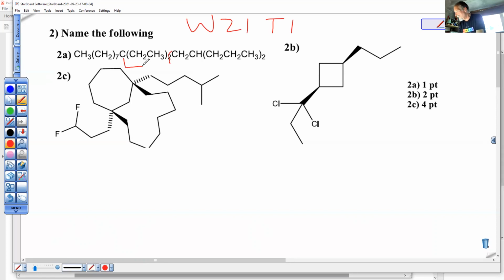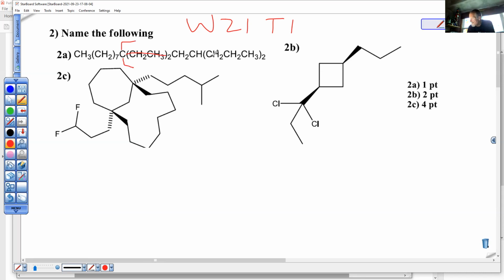Put them both on. Here, I'm gonna get rid of that and there you go. Start over. Don't want to be confusing. That's 2 ethyl groups stuck to this carbon. Put them back on where they belong, or else you're going to think they might be part of the longest chain. There's no way those are part of the longest chain.